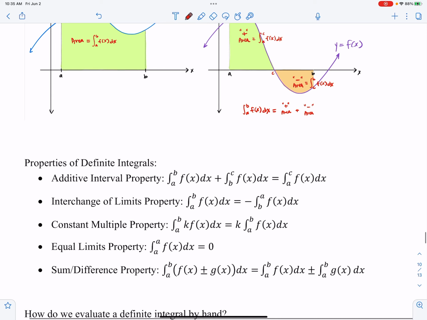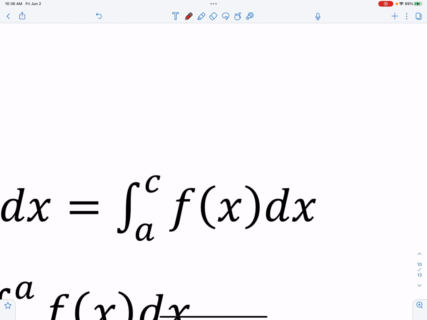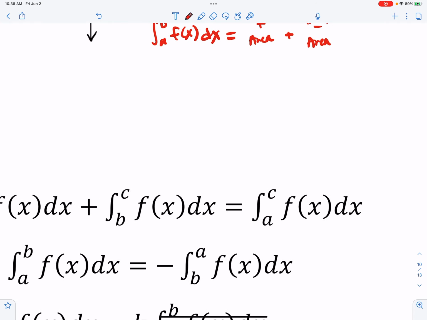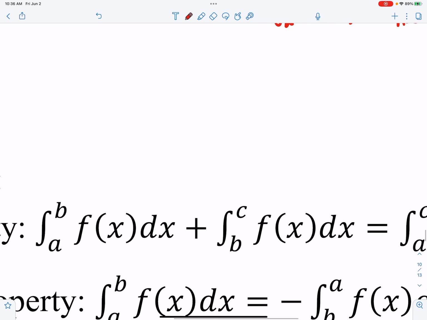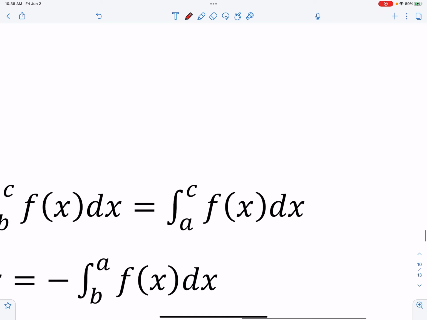Now there are some properties, which I've already kind of hinted at, for definite integrals here. There's the additive interval property, which says that the integral from a to b plus the integral from b to c, for b lying on the interval from a to c, would be equal to the integral from a to c.